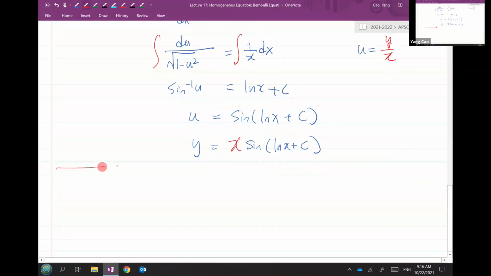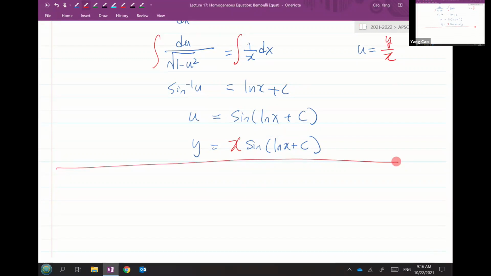All right. So now I want to add, I said there are 3 different additional types we're going to cover. Another type we're going to cover very quickly is called the Bernoulli equation. But before we cover the Bernoulli equation, I want to cover another one here. This one I would call more of a bonus type.